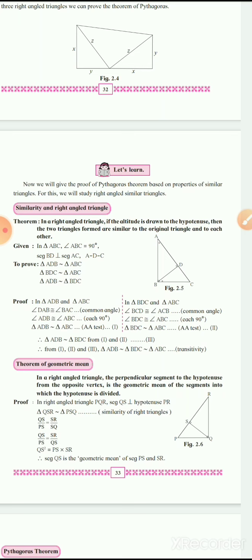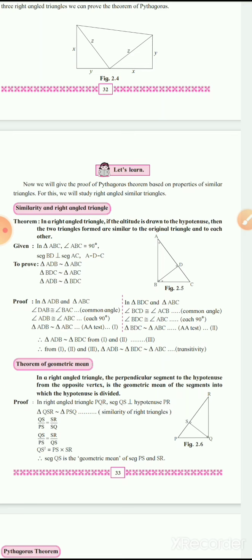Why? Angle C is also a common angle between these two triangles. So angle BCD is congruent to angle ACB. Here the reason is common angle.